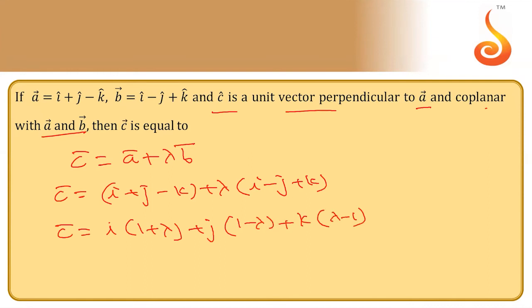But C bar is a unit vector, so modulus C equals 1, modulus C square equals 1. Then (lambda plus 1) whole square plus (1 minus lambda) whole square plus (lambda minus 1) whole square equals 1. Solve for lambda.